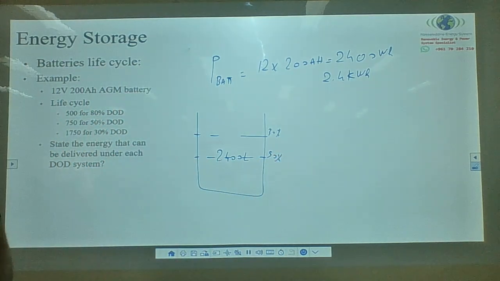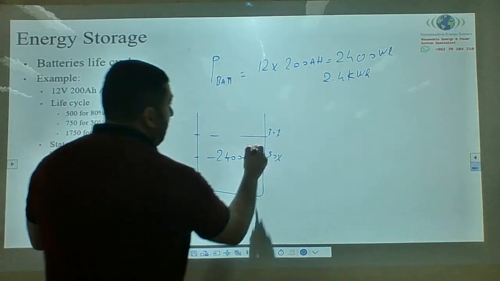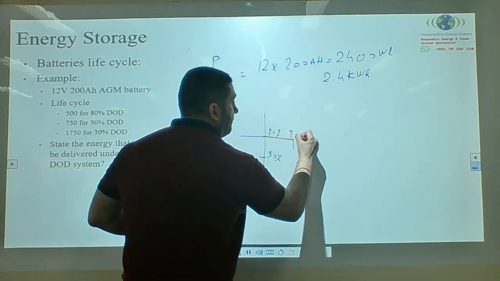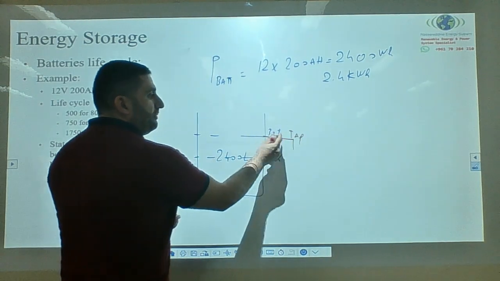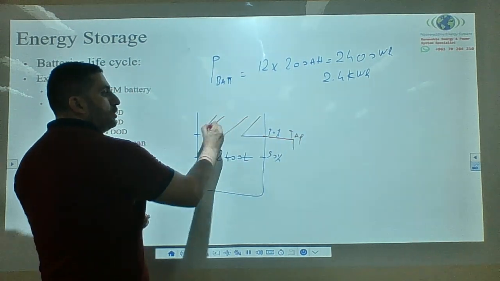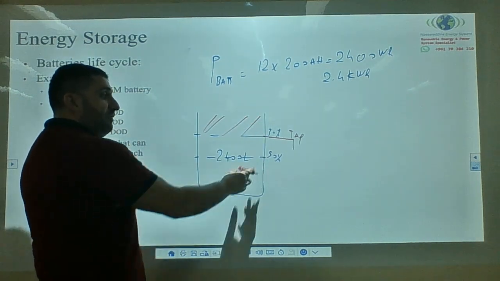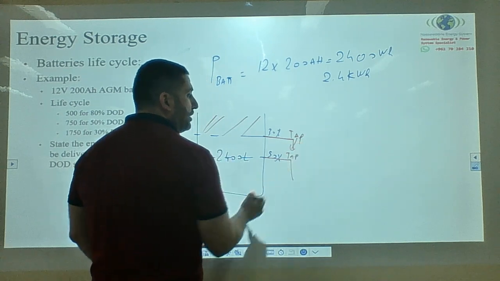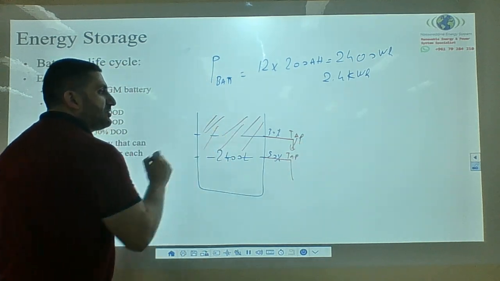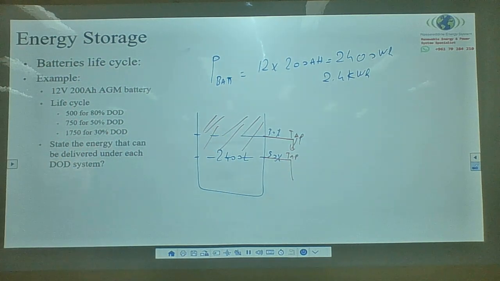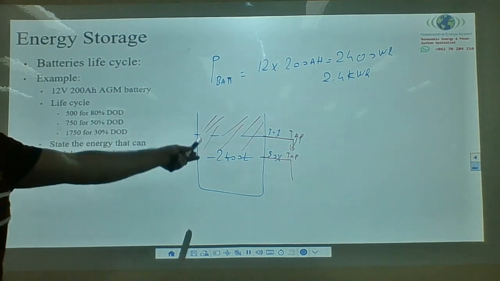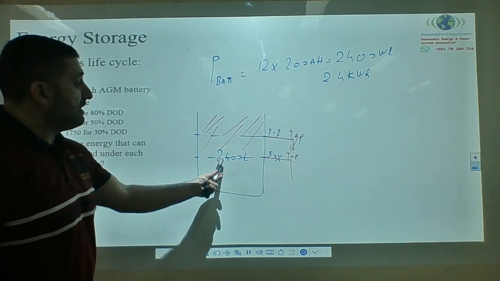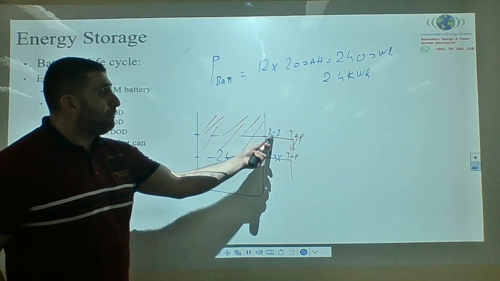If I have a DOD of 30%, I install my tap here, so when I open my tap, only this will go, which represents 30%. If I want 50%, I remove my tap and put it lower, so now it allows me to discharge this. So I have 2,400 liters, but it depends where I put my tap.